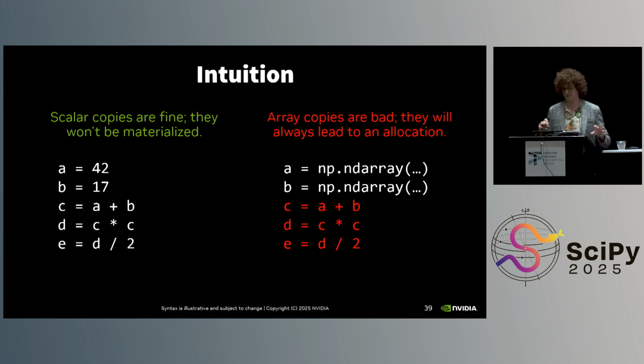Now, it's a little unnerving to think of tile arrays as values because typically our intuition is that it's fine to make copies and temporaries of scalars like ints because they're cheap to copy and they won't always be materialized. But array copies, we typically think, should be avoided because they're expensive and they'll always lead to an allocation and materialization.